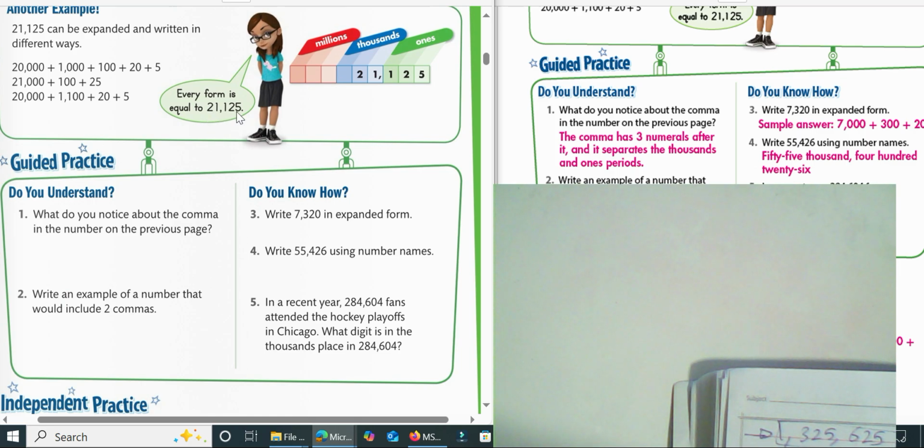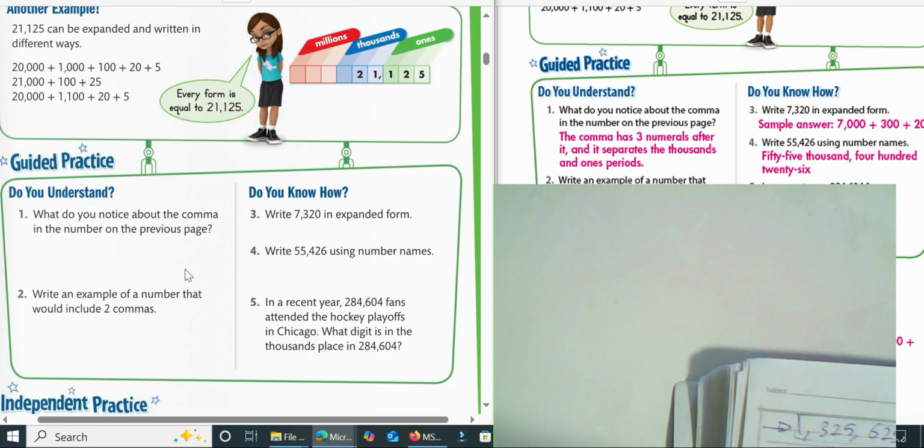So the comma has three numbers after it, and it separates the thousands and ones periods. It divides this number into parts, from left to right, 21,125. So the comma has three numbers after it, and it separates the thousands and ones periods.